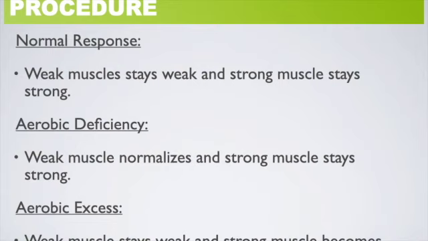If you have aerobic deficiency, the weak muscle will normalize and the strong muscle stays strong. Like I said before, if you have a lack of aerobic function, doing aerobic activity is going to normalize a lot of the weak muscles. With aerobic excess, the weak muscle stays weak and the strong muscle becomes weak. So it blows everything out.